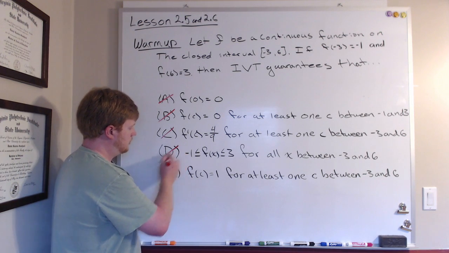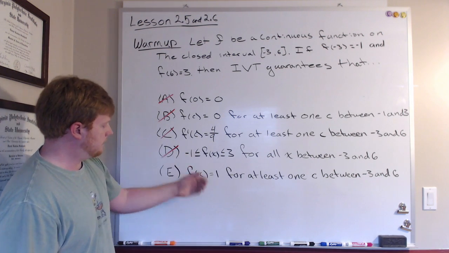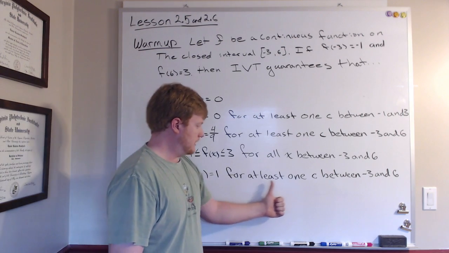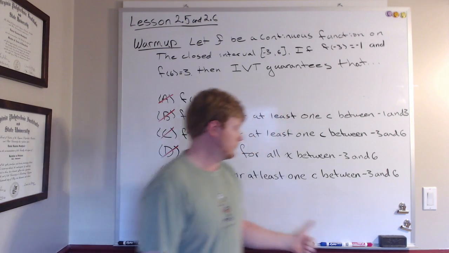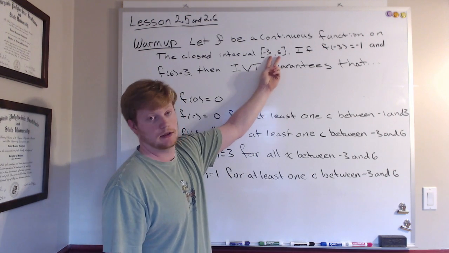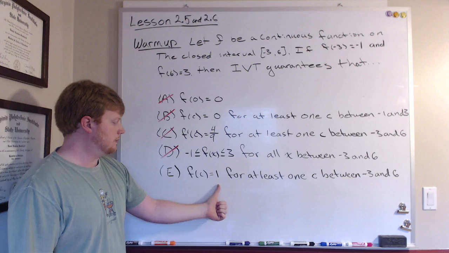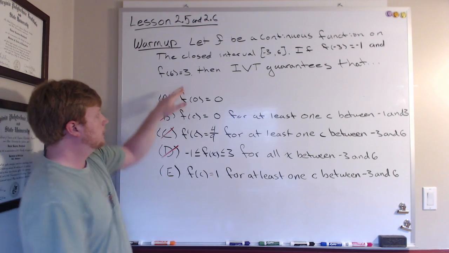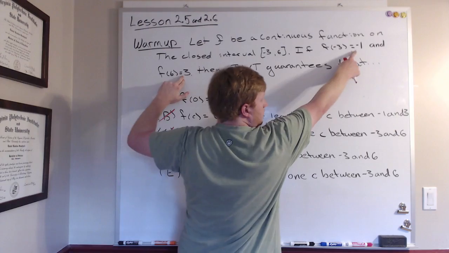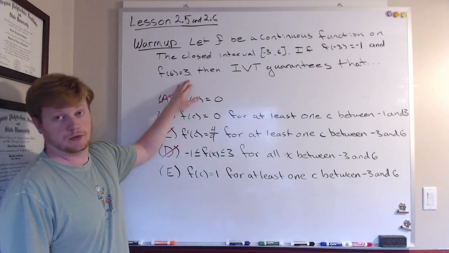So just by process of elimination, we see that yes, in fact, there's at least one C on the interval from -3 to 6. There's at least some input in the closed interval that will take me to an output between the endpoints of the output, and one is between -1 and 3.